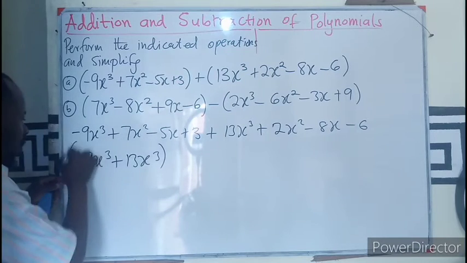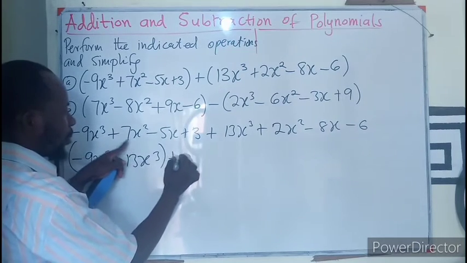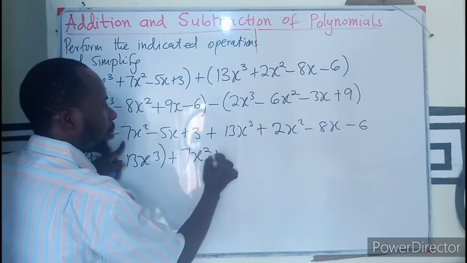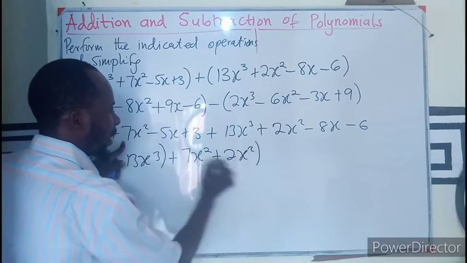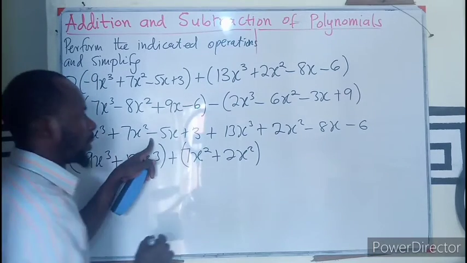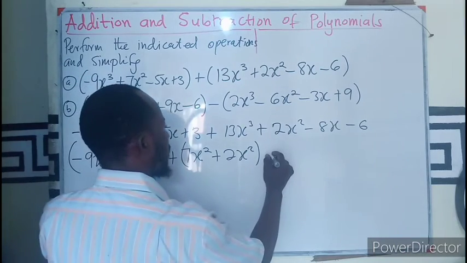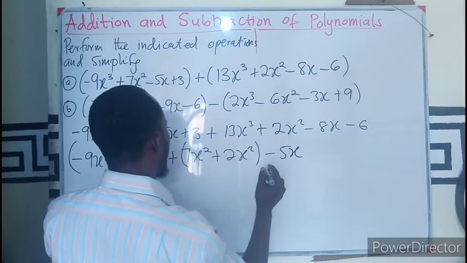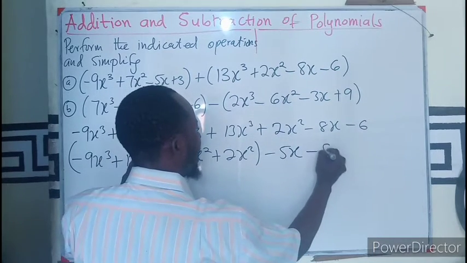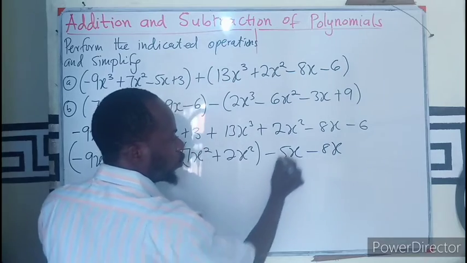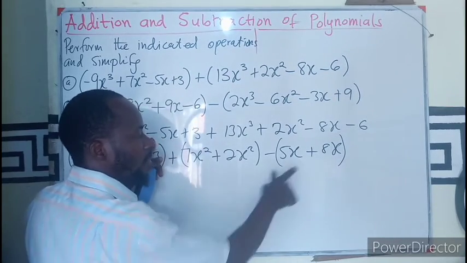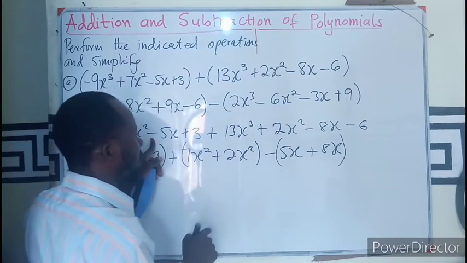This is going to be in one bracket if you want, plus 7x squared plus 2x squared. Then we have minus 5x. This is also going to be minus 8x. If I'm going to group in bracket, it means this becomes negative, so it will change to positive.